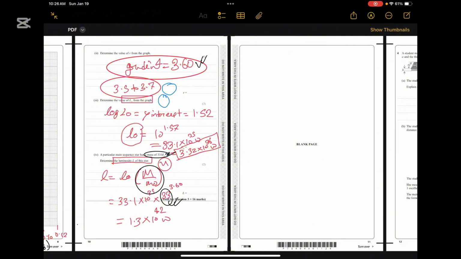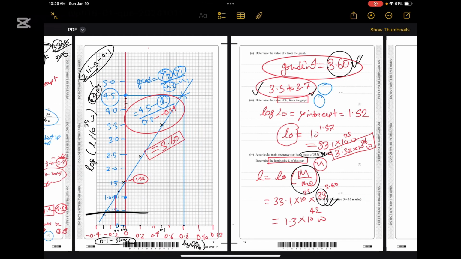And regarding the gradient, it comes out as 3.60 for me, and it can be between 3.5 to 3.7 for you guys. And as you will be writing or drawing on the graph paper, your gradient should be much better. I have shown you guys how to figure out the gradient, though I have drawn using a pen, so mine might not be the correct one, but I have shown you guys how to draw it.